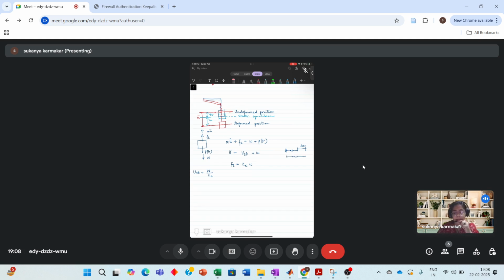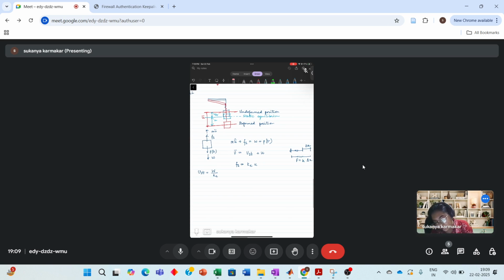What is the force in the spring? It will be the spring stiffness K into delta x. That is the change in the length of the spring because of the application of the force. Basically what I want to highlight is that force is equal to stiffness into the change in the length, or it should be told as the relative deformation. So the spring force Fs will be K into U, not U bar.